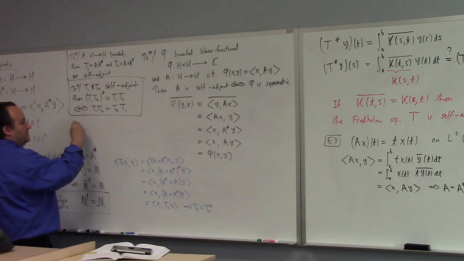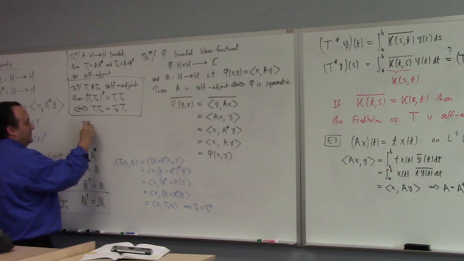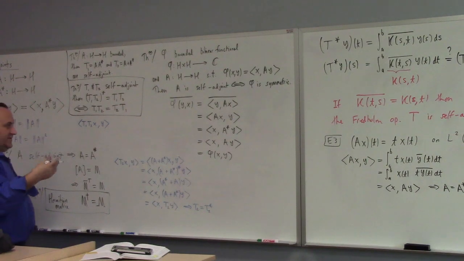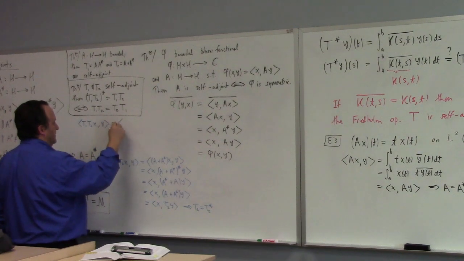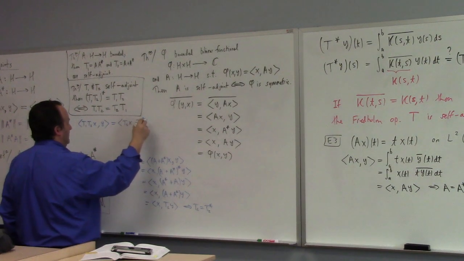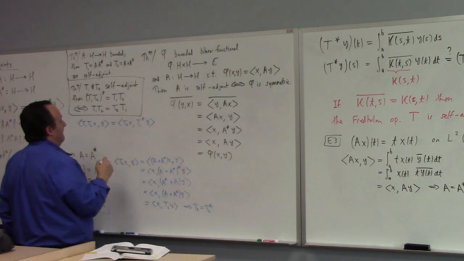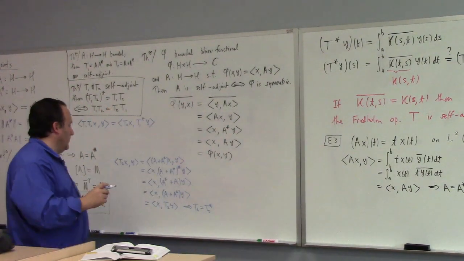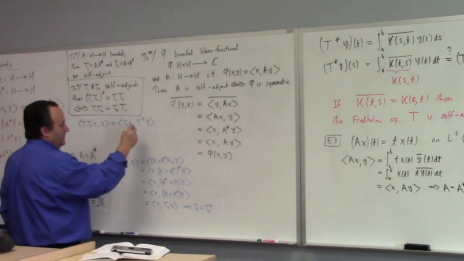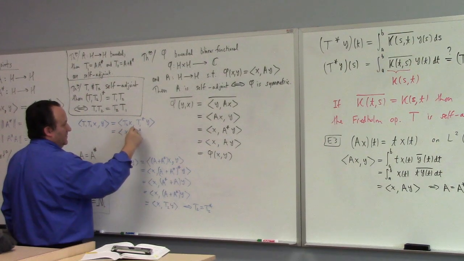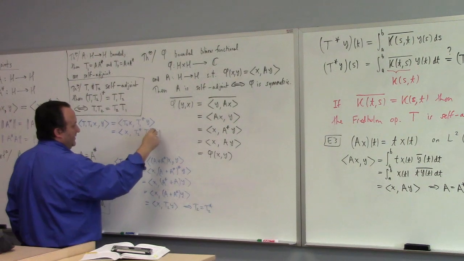So if we look at T1 T2 acting on x with y, again, all of this is for linear operators on a Hilbert space, then that is T2 of x, T1 star of y, right? And then, well, this is x, T2 star T1 star of y.